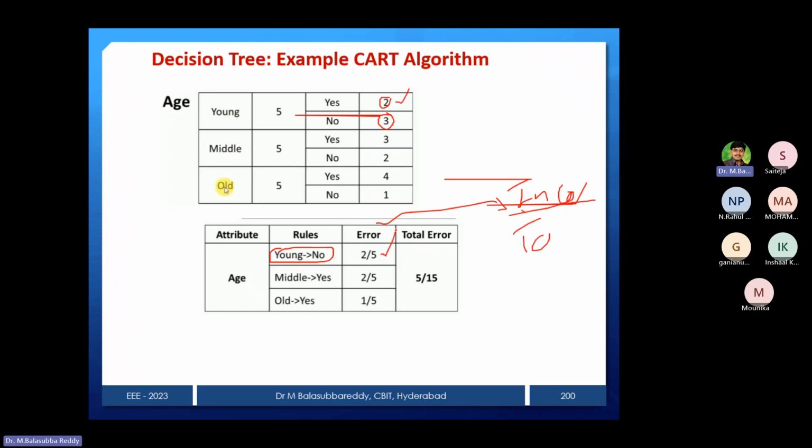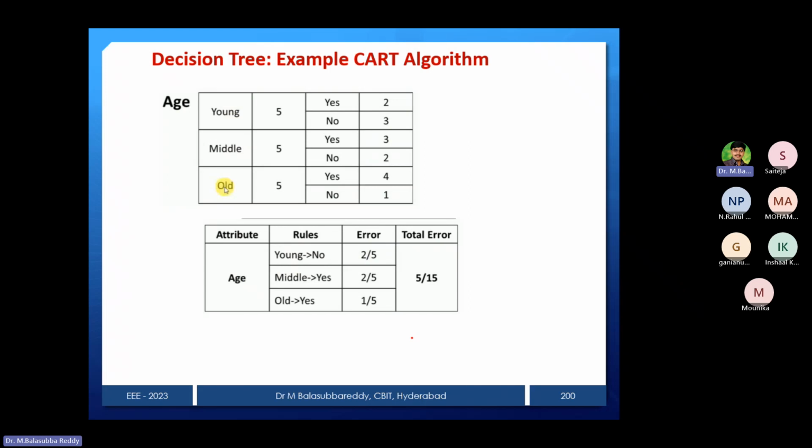So therefore 2 by 5. Total is 5. And here incorrect is 2, 2 by 5. And here incorrect is 1, 1 by 5. So now total how many? 2 plus 2 plus 1, 5 by 15. So now this is the error. Remember this. If I take age as your root node, then 5 by 15 is your error.